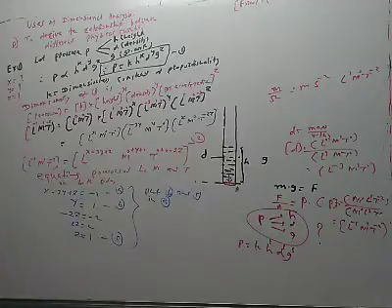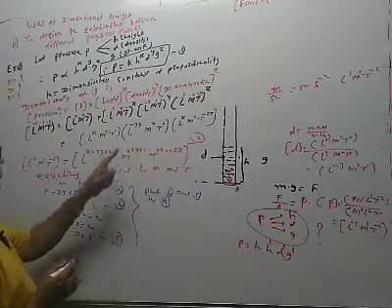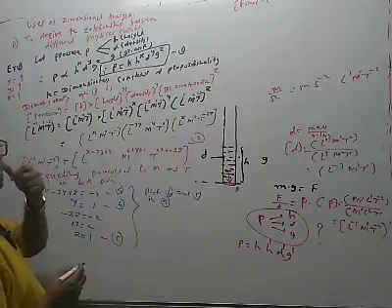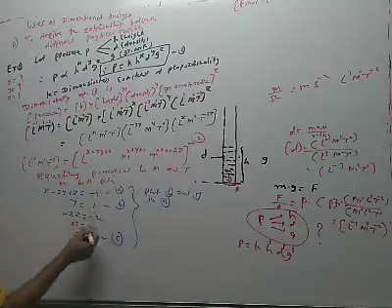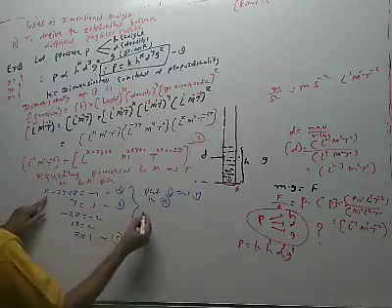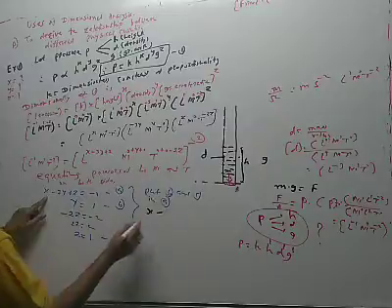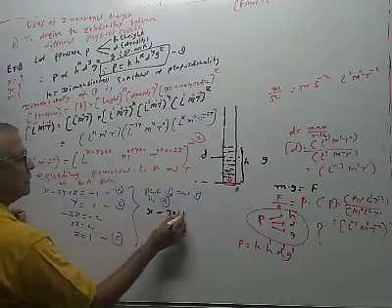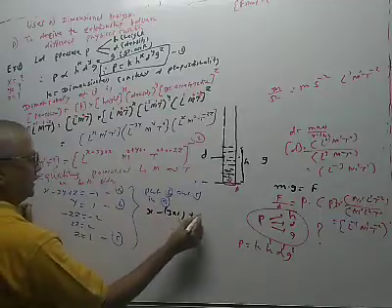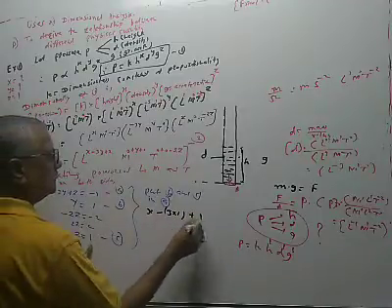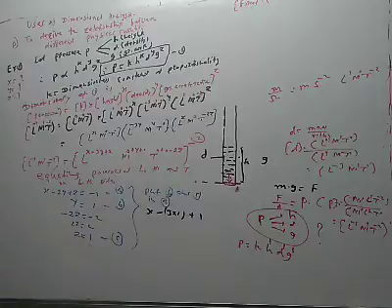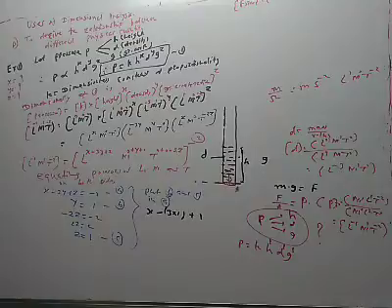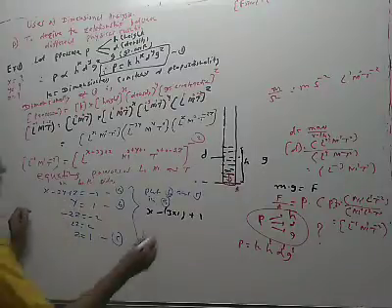So we have to find the values of x, y, z. By solving this equation, we will get x minus 3y, but y is equal to 1, so this is equal to 3 multiplied by 1 plus z, z is equal to 1, z is equal to minus 1.